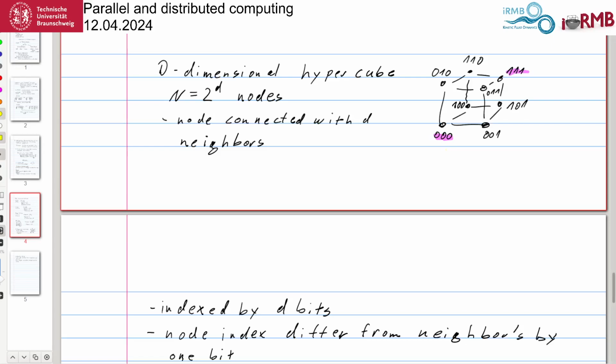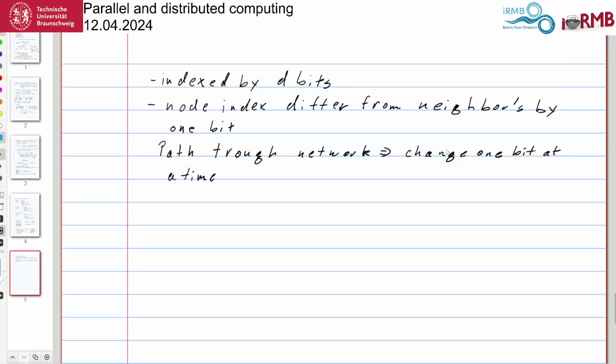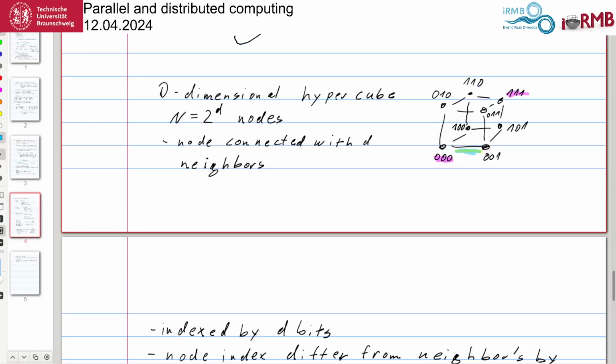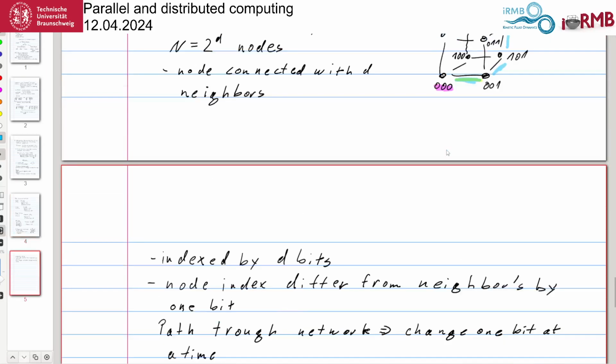This is probably not the best color for seeing it. Say we take this path here first, then we go here, and then we go here. This is one of the possibilities.